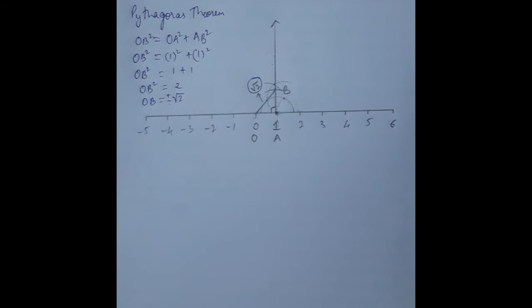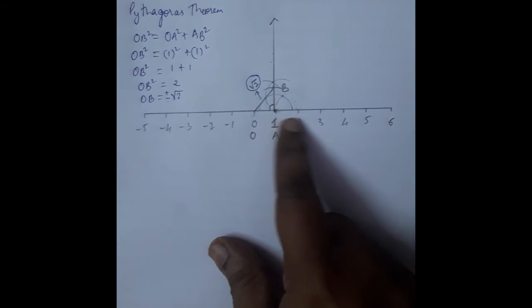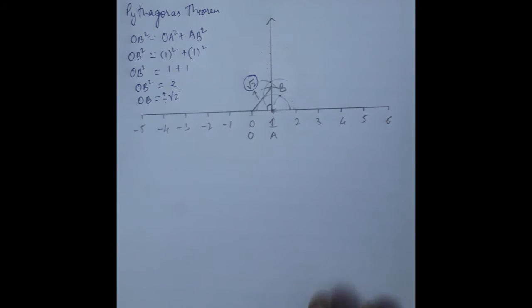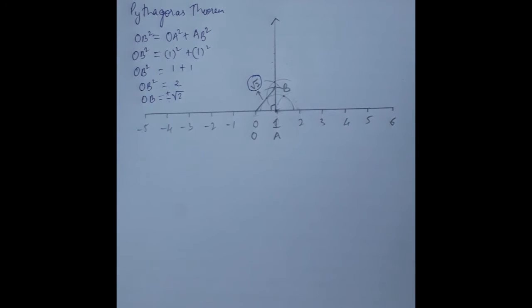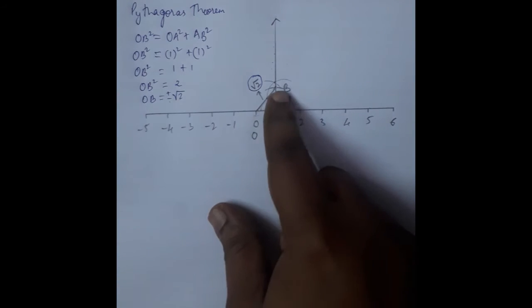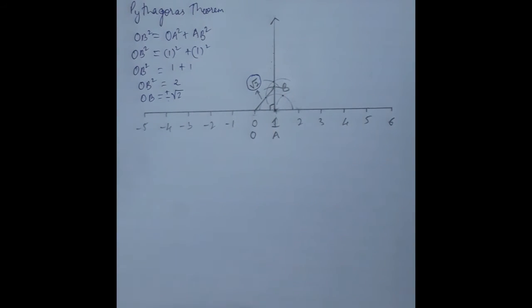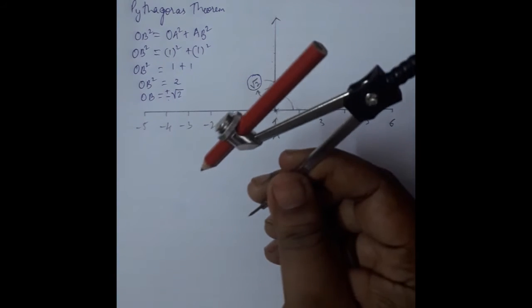Now, how do we get root 2 over here? Okay, let's have a look. Since we know that this length is root 2, we will take the measurement with the help of a compass.